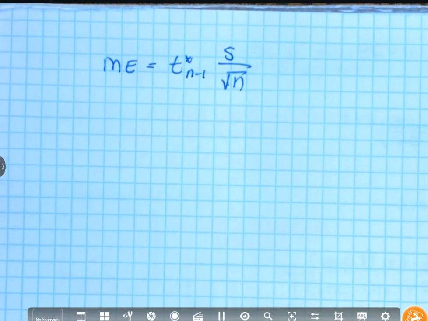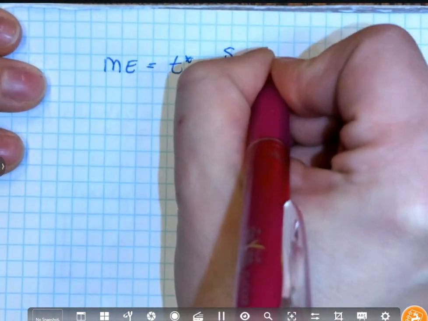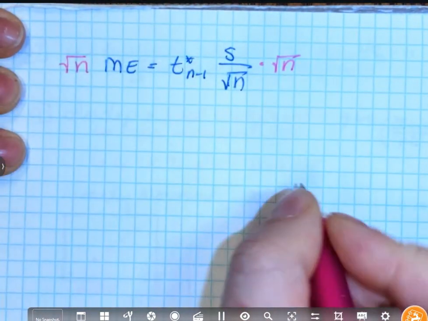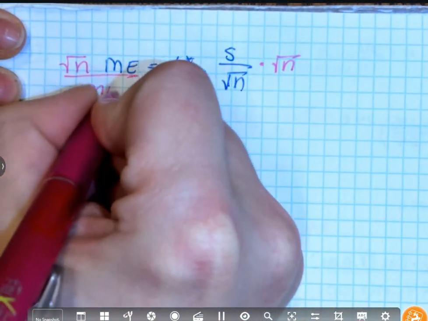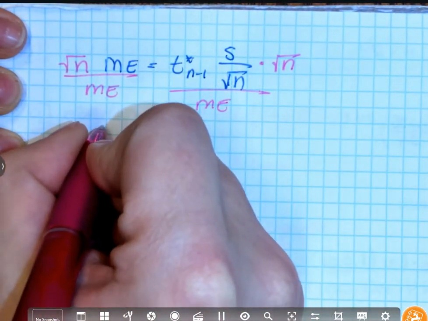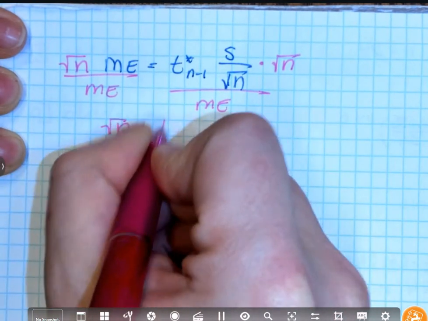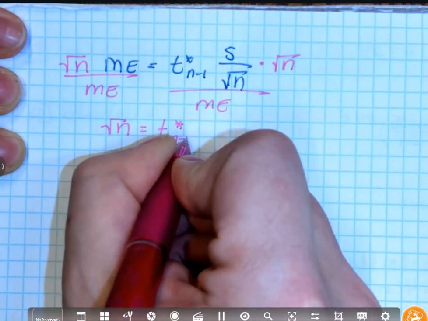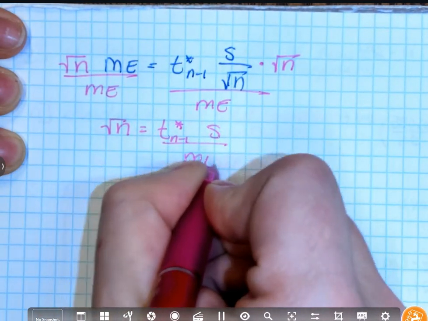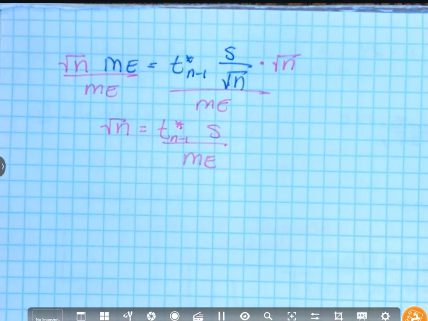Again, with this stuff, I don't think it's best to plug the numbers in. I think it's best to solve for your variables first, then plug the numbers in. So if I want to get n by itself, I'm going to times both sides by the square root of n, and I'm going to divide by the margin of error. So now I have root n is T star with n minus 1 degrees of freedom times S over ME.